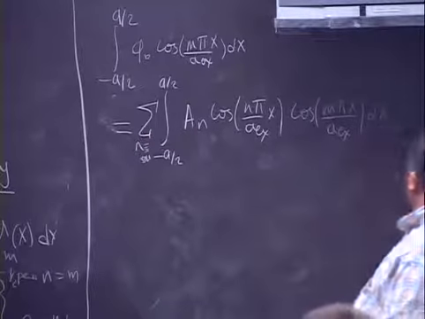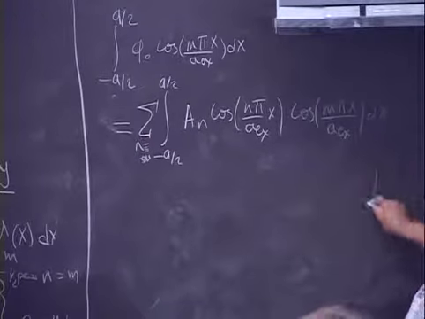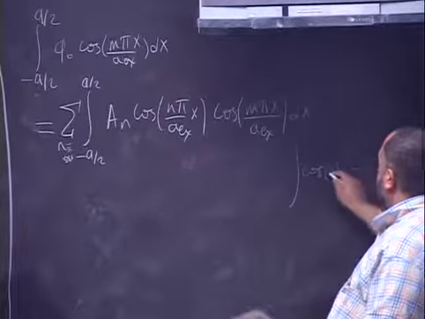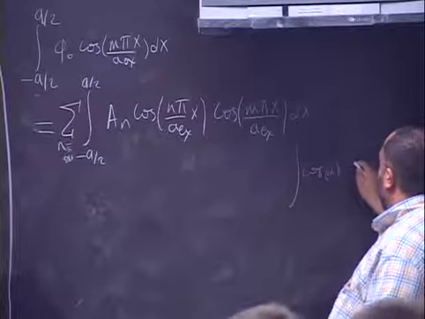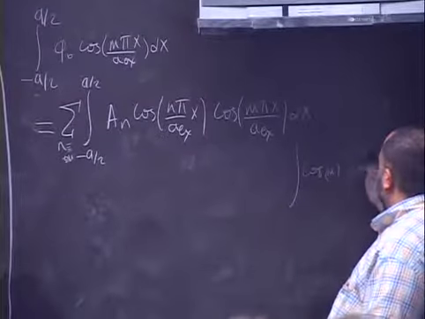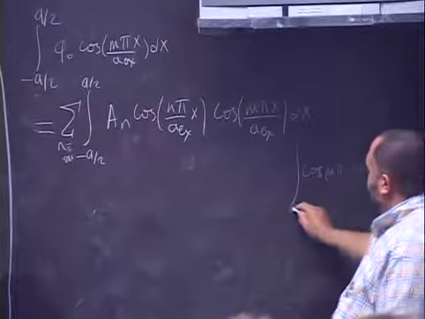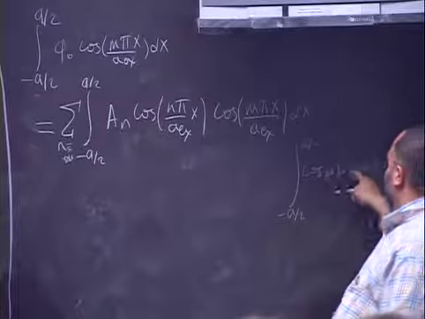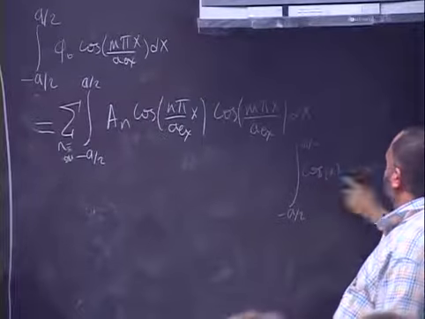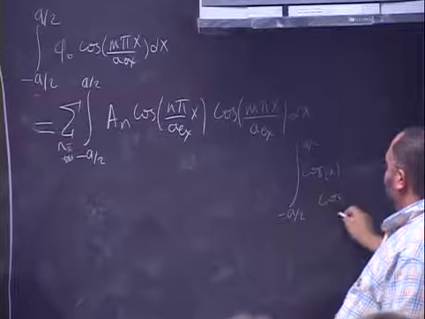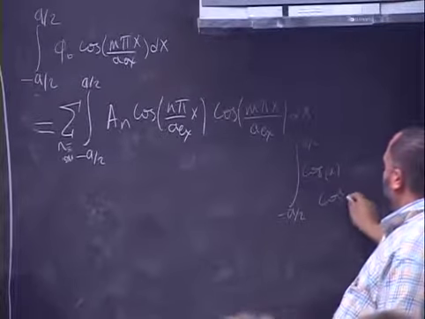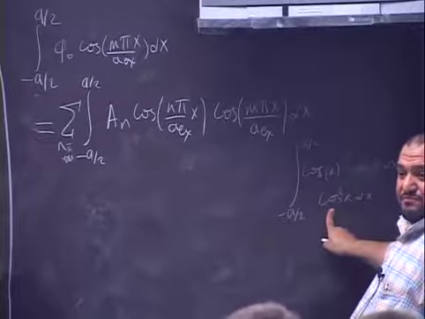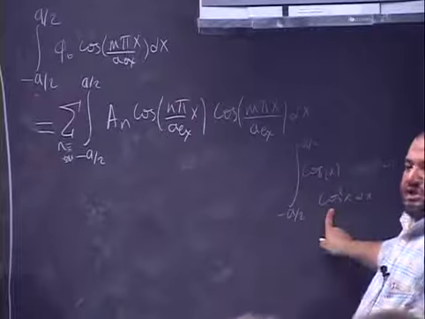If you want to believe me, just run cosine n x multiplied by cosine m x dx, and make it from negative a over 2 to plus a over 2. When n equal m equal 1, this will be what? Cosine square x dx. So is this an even or odd function? Any function you square is even.